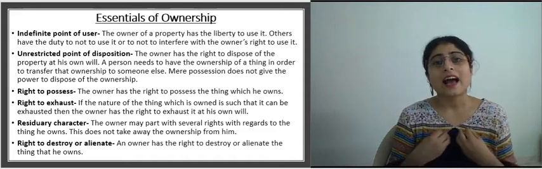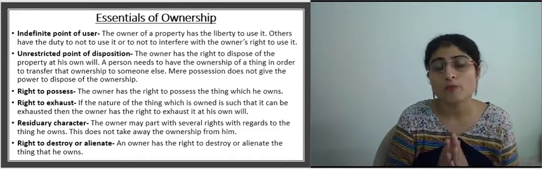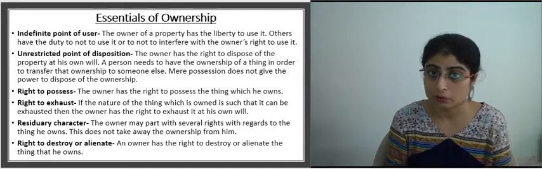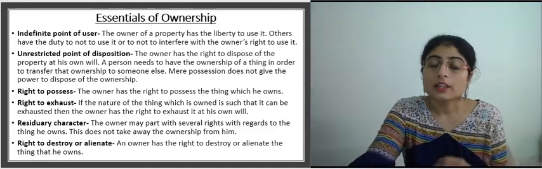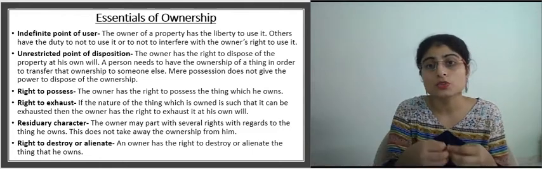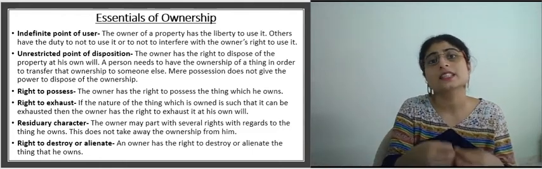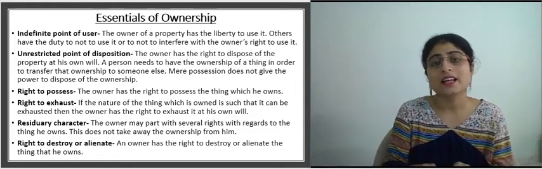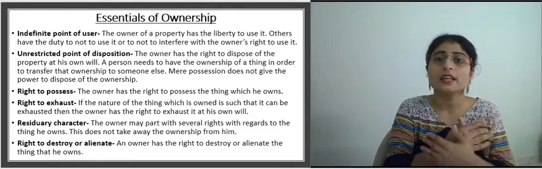That means I will have all kinds of possible rights over the things that I possess, even including the right to exhaust. Now, my friends, exhaust means usage of that property in its complete manner. That means I can use the property completely.